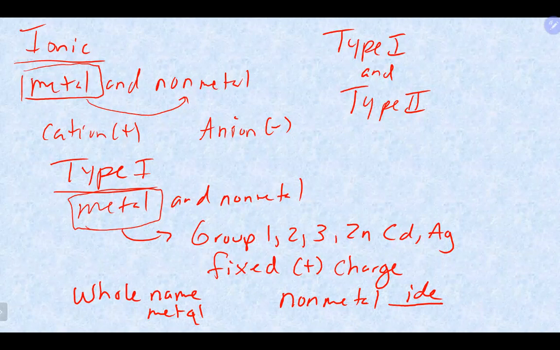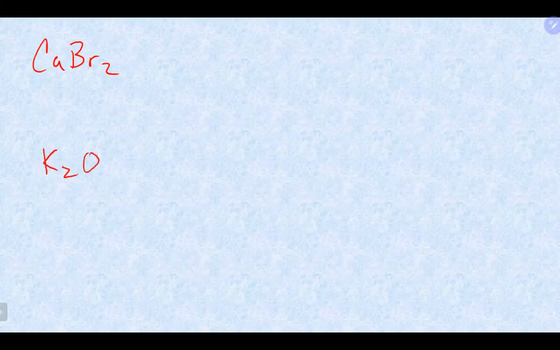So if we look at something like CaBr2, something like K2O, and something like LiH, for example. And let's say we have some names here just to make sure.